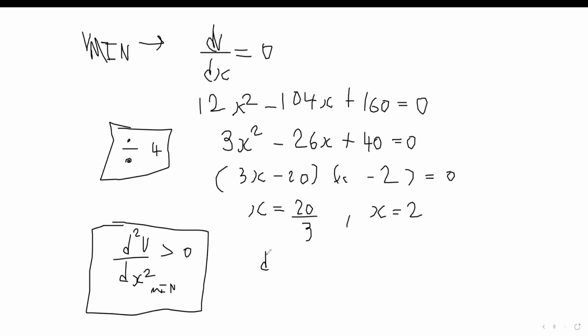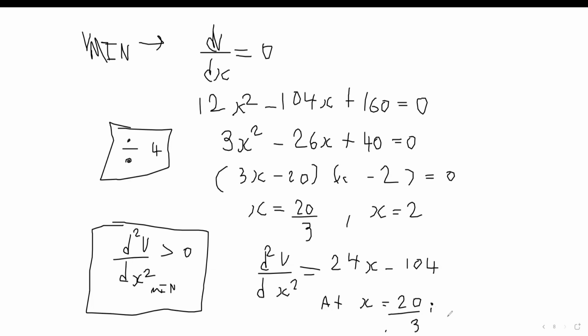So now finding d2v by dx squared, we differentiate dv by dx to get, carry down the 2, we get 24x minus 104. So now if you plug in x equal 20 over 3, you notice at x equal 20 over 3, that is where d2v by dx squared will be greater than 0.